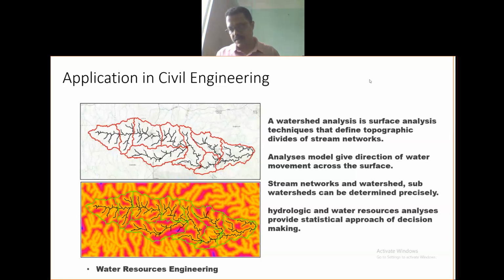Forget about the full capacity, not even to 20% of the capacity. So a major challenge for engineers or planners is how somebody can make use of this resource and uplift the quality of life.